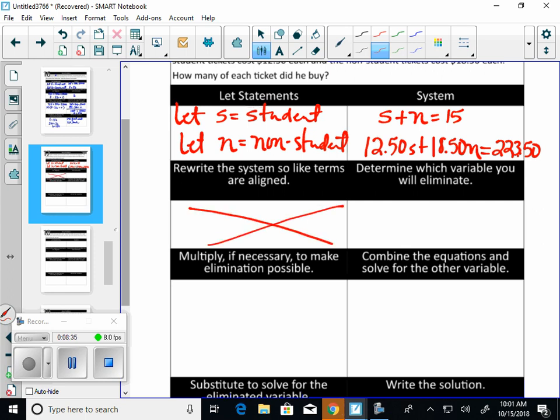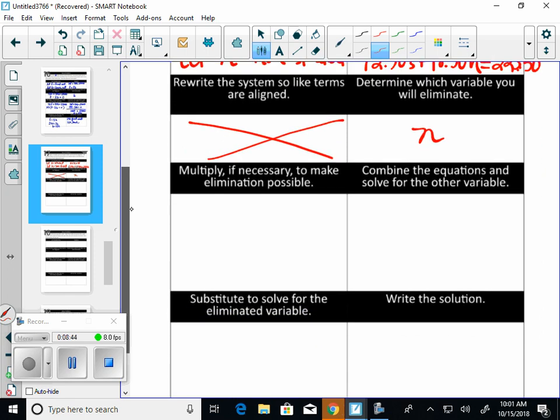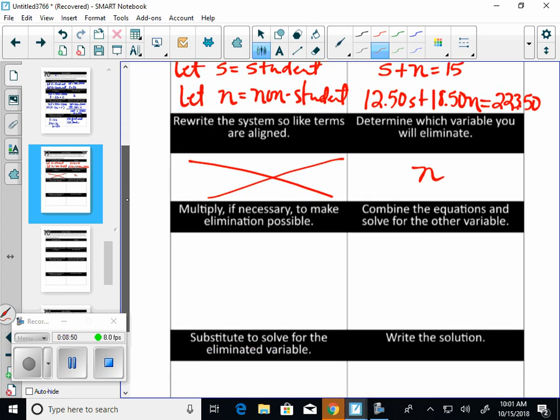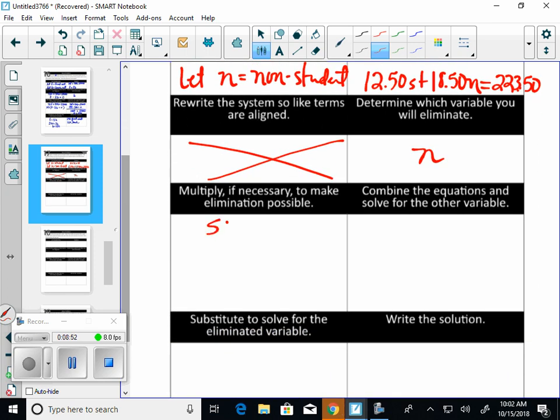Which variable do we want to eliminate? Well, pick. Let's eliminate N. Multiply if necessary to make elimination possible. So what am I going to need to multiply by? 18.5, right? So I need to take my S plus N equals 15.